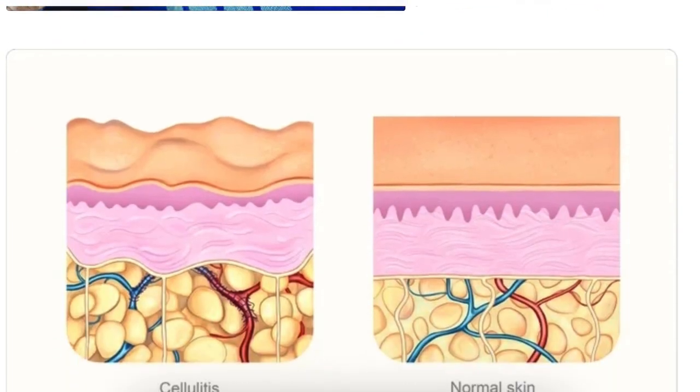So now the physiology of cellulitis. Here you can see this is the normal skin, and this is cellulitis. In normal skin, for defense, the skin protects through a physical barrier made by keratinized epithelium.